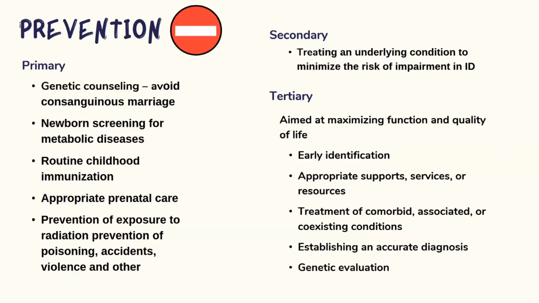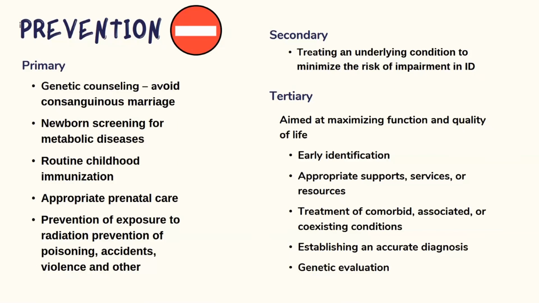We can also do appropriate genetic testing and genetic counseling to inform decision making. Newborn screening for any metabolic diseases, and routine childhood immunization to prevent any preventable disease. Appropriate prenatal care so that you can give optimal care.